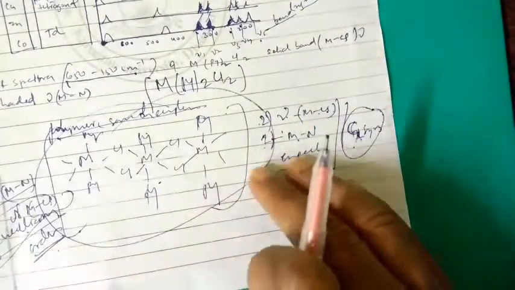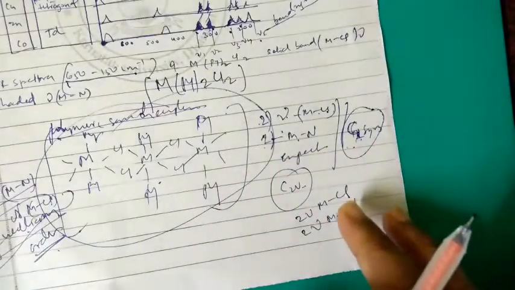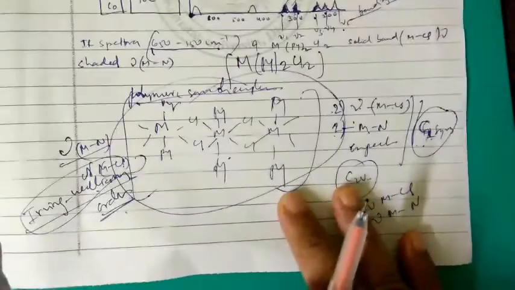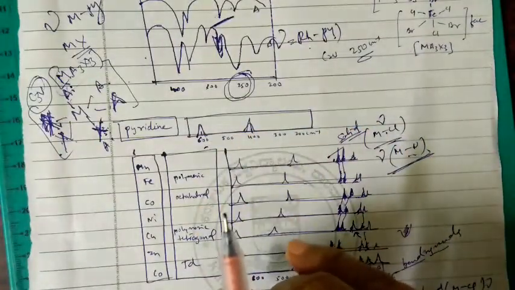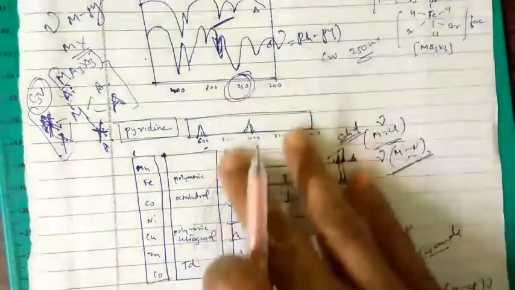So the application of IR spectra is very helpful for understanding pyridine complexes whenever they form complexes with the metal ion.